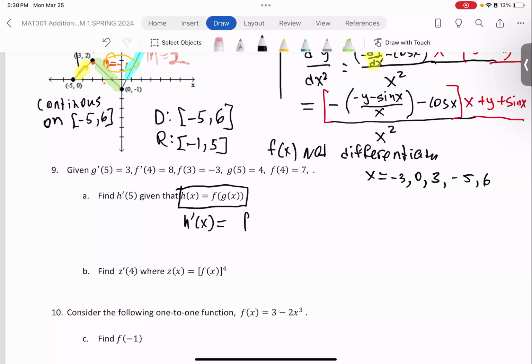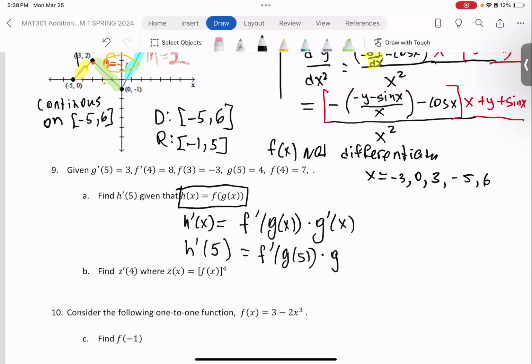Chain rule. So you do the derivative of the outside times the derivative of the inside, and then you have to plug it in. What are we plugging in? 5. So that becomes f prime of g of 5 multiplied by g prime of 5.